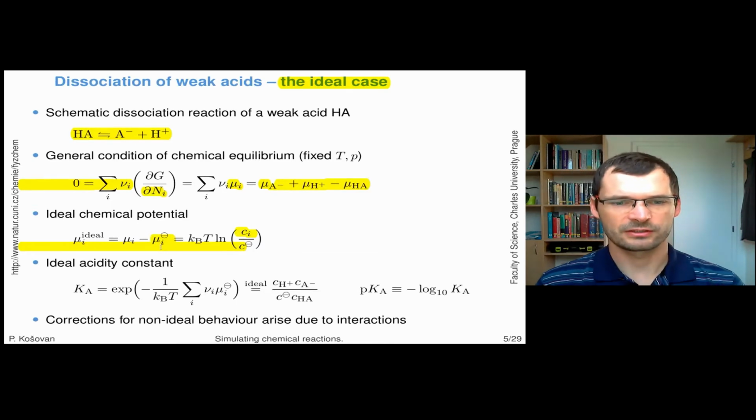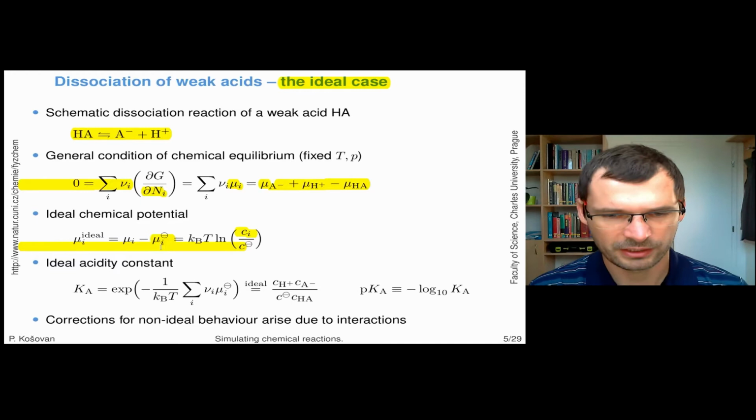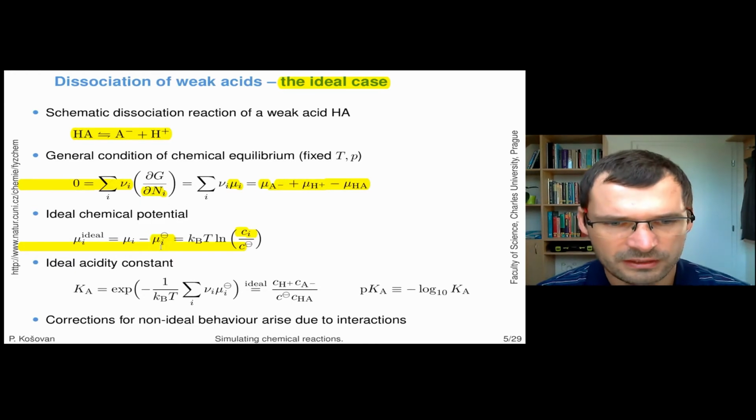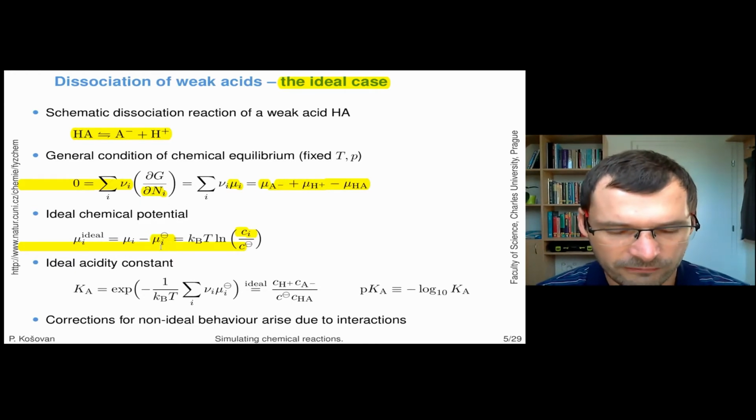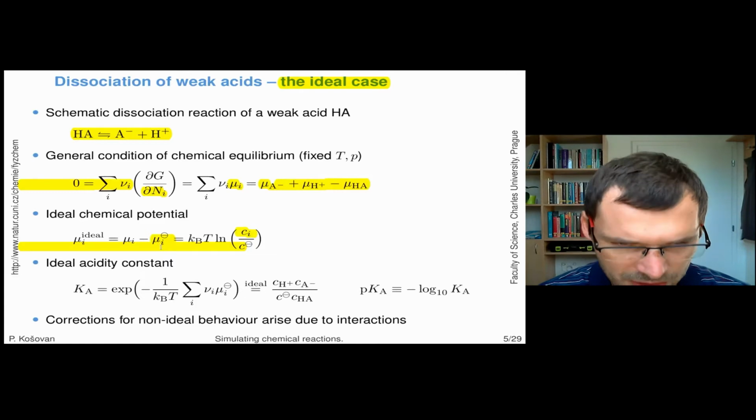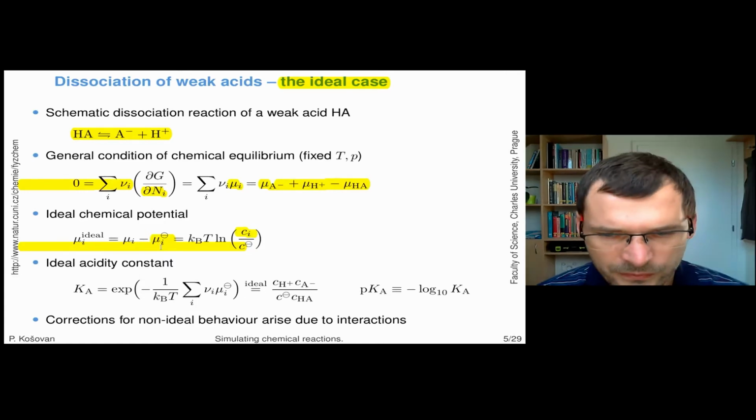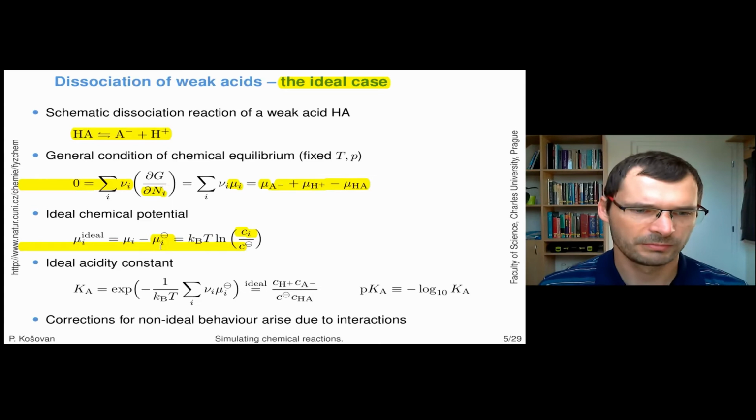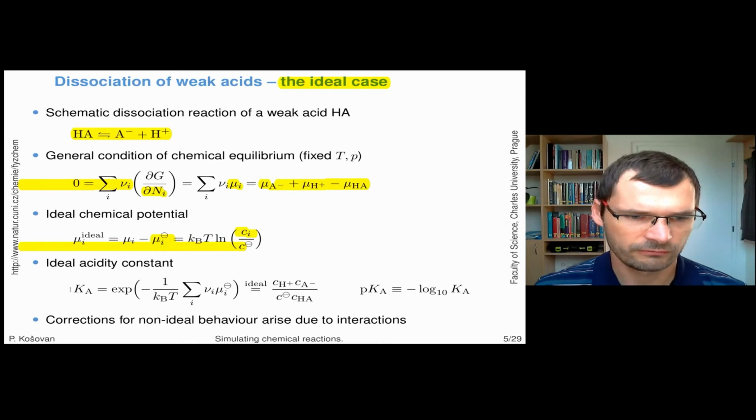This reference state is also chosen arbitrarily by convention, and this state has no effect on the actual thermodynamics of the system. However, it has an effect on the numerical value of the equilibrium constant of such a reaction.